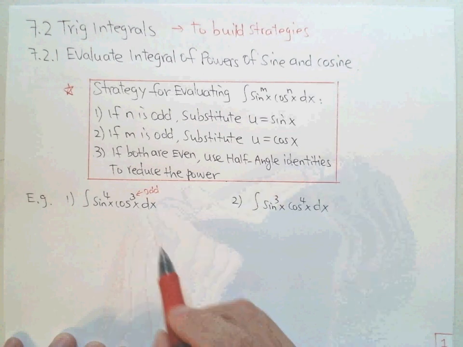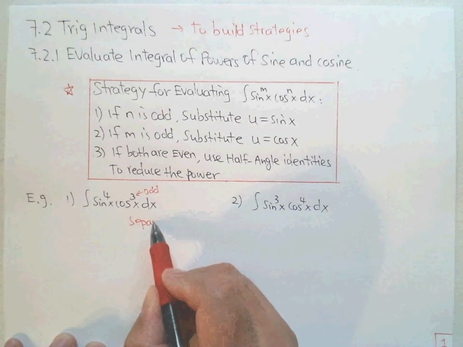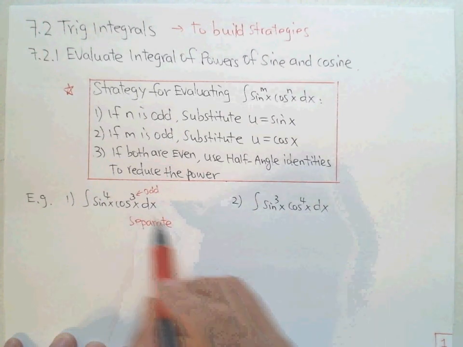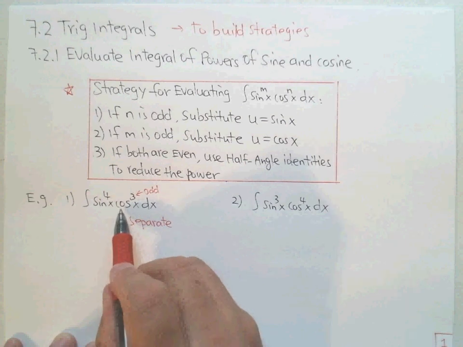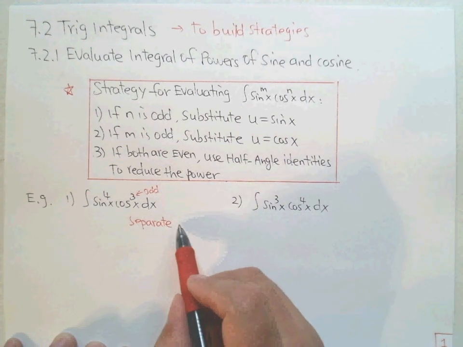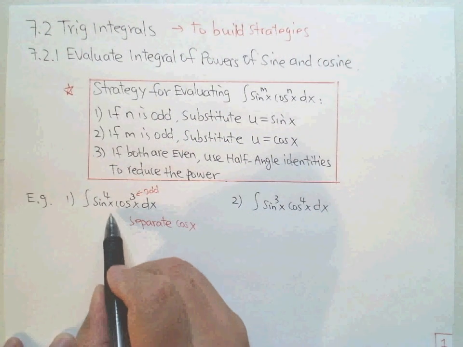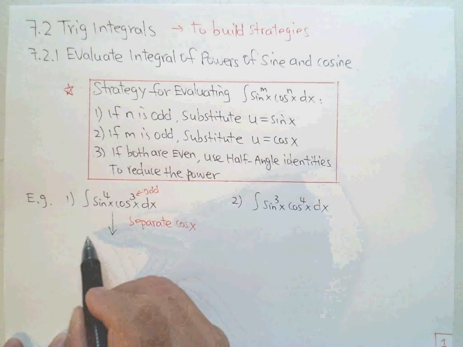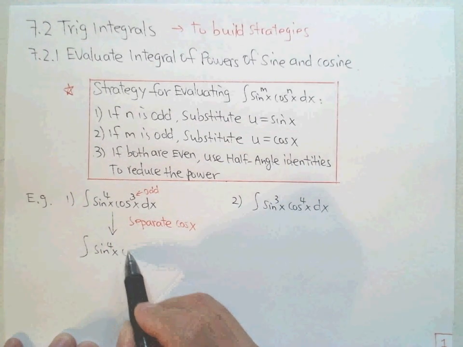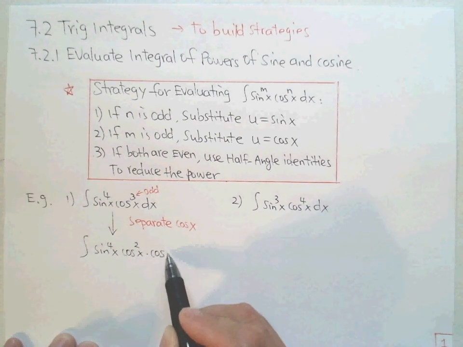I show you here. To make it ready for the substitution, separate the cosine. Our cosine is odd, and then we have cosine times dx. After we separate, we have sine to the first power, cosine to the second power, times cosine x dx.